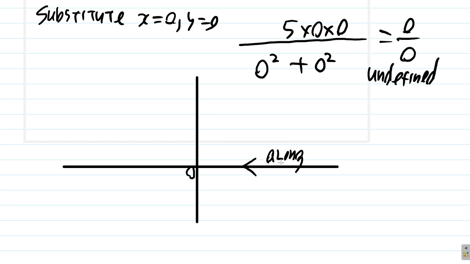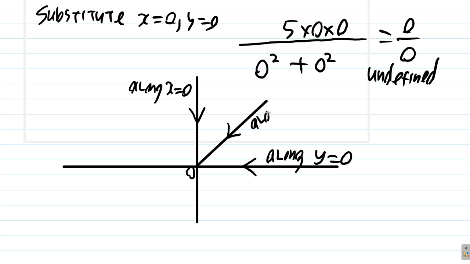Well, in this case, this line is y equals 0. That's the x-axis. Then we're going to look and see what happens as we move towards 0, 0 along x equals 0. That's the y-axis. We could also try to approach the 0 from this direction as we move along. Well, this is y equals x.